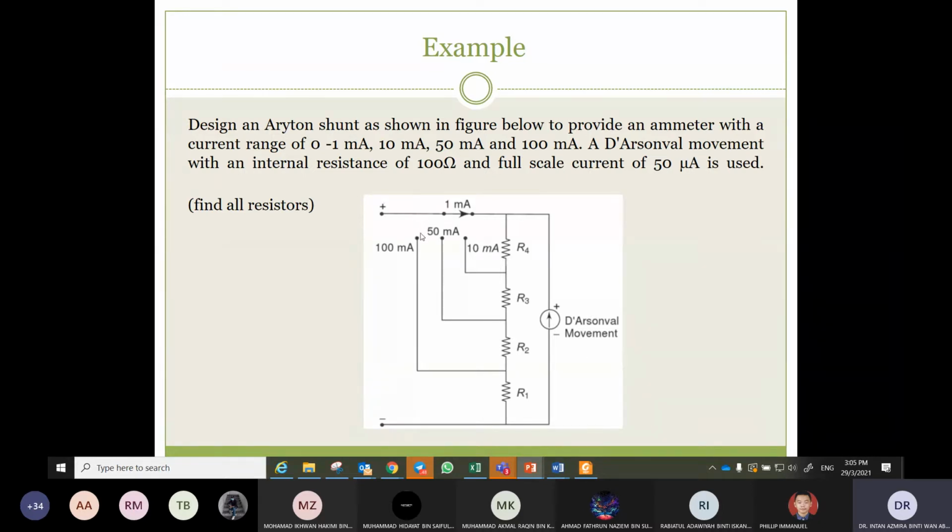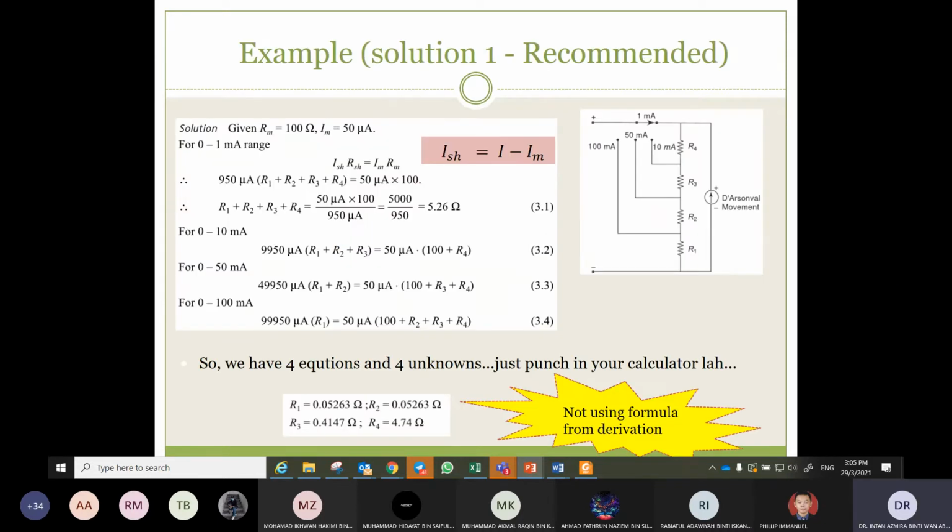So design, meaning that we find R1, R2, R3, and R4. Rm is given, Im is given. So you have to find each R shunt. We know that V shunt is equal to Vm.